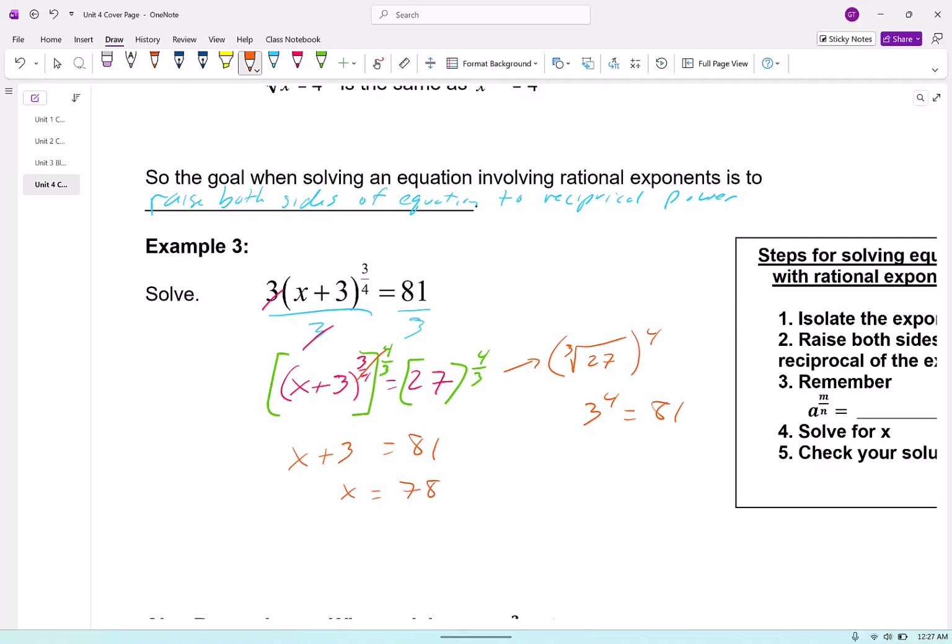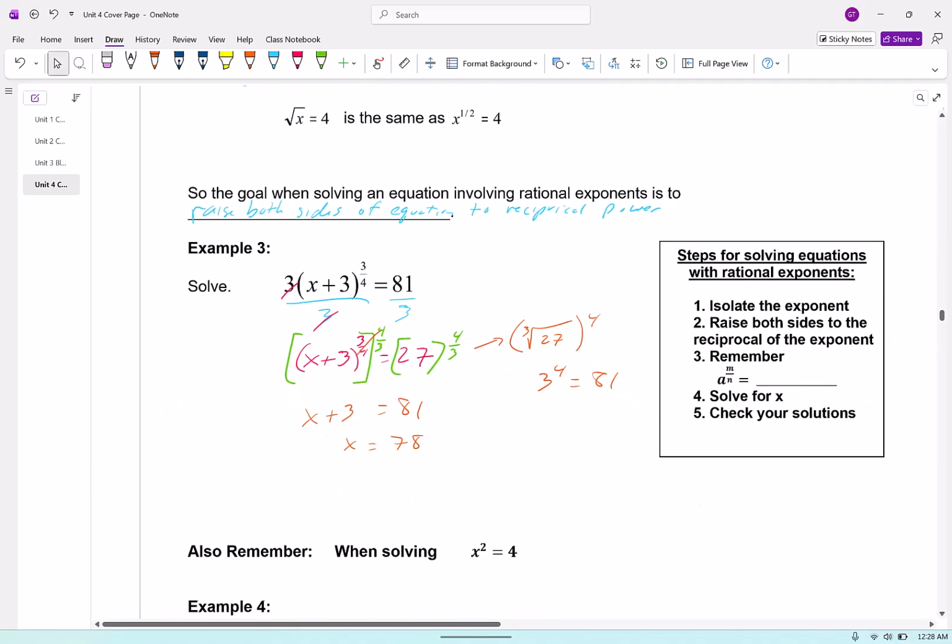Then it says to check. You go back in and put in 78. 78 plus 3 is 81. The cube root of 81 to the 4th power times 3 ends up giving me 81. So it does check out.